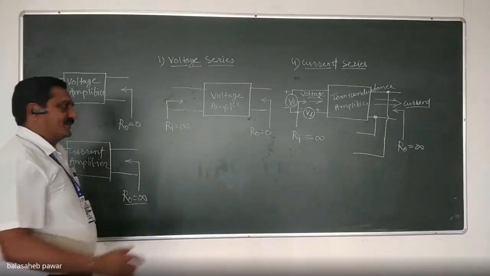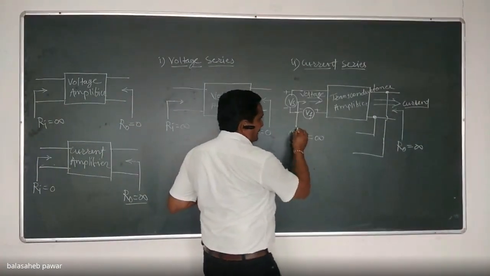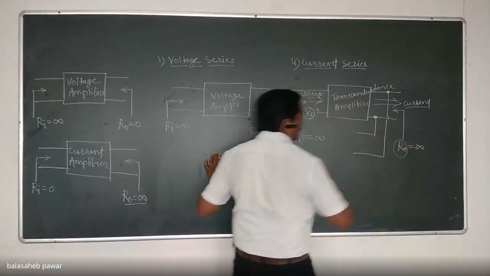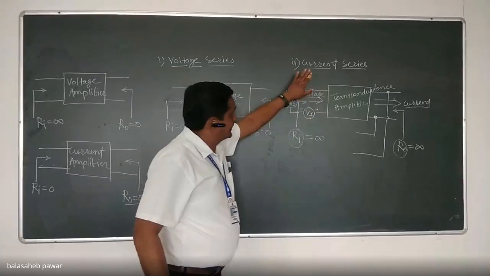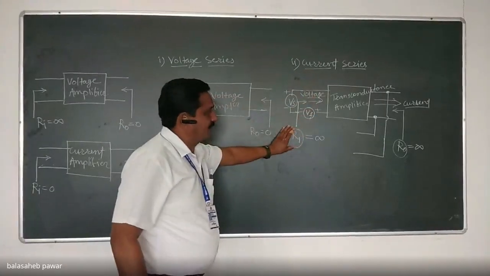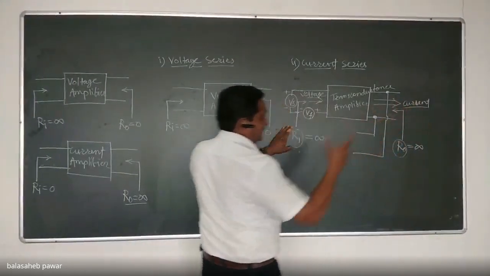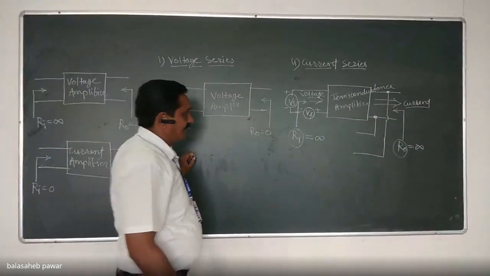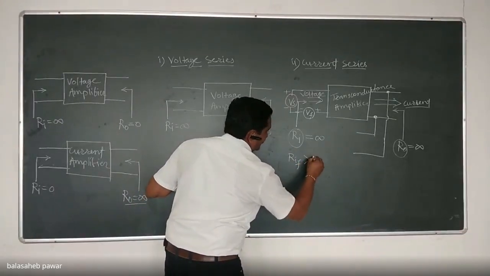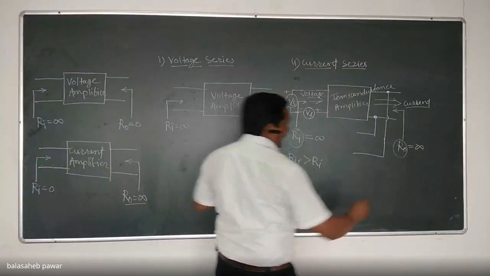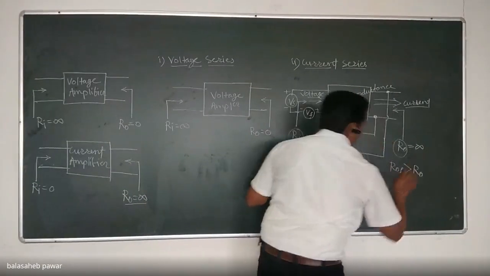Yes, sir. Okay. So by using negative feedback, as we know, both impedances, that is Ri and RO, will improve. That means practically, for a current series feedback amplifier, input impedance should be as high as possible. Similarly, RO should be as high as possible. And therefore we can write that RIF will be greater than Ri, and ROF also will be greater than RO.